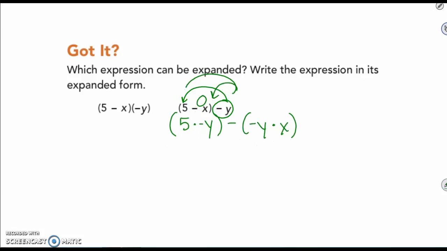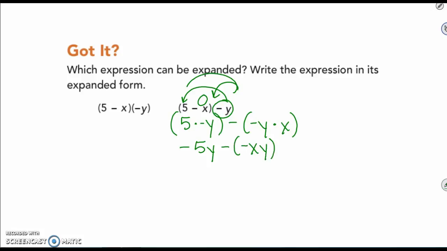We can simplify this problem. 5 times negative y is negative 5y, minus negative y times x is negative xy. Again, we have to use our integer rule, so we're going to add the opposite sign. So we rewrite this as negative 5y plus xy.